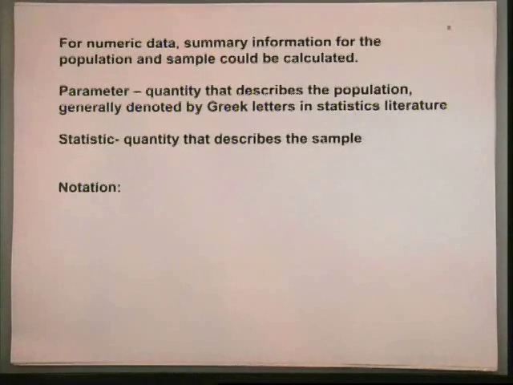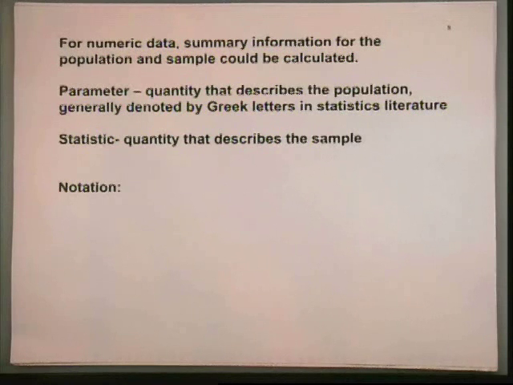When we have numeric data, the summary information can be calculated. Parameters: the definition of a parameter is a quantity that describes the population. So, population parameters. When we measure a descriptive value for a sample, it's called a statistic. Defining statistic without saying the word statistic was a little tricky there, wasn't it?